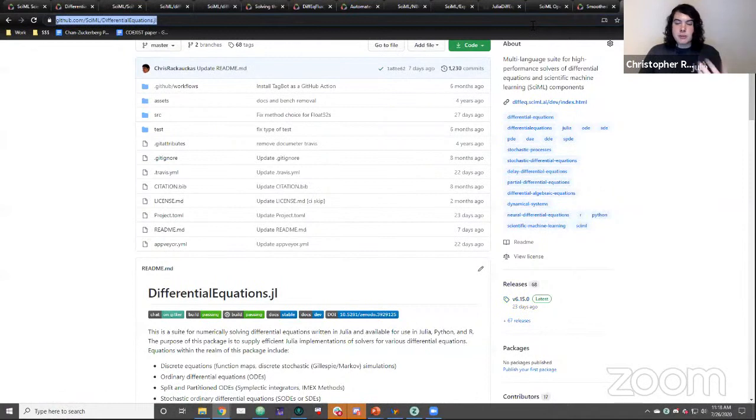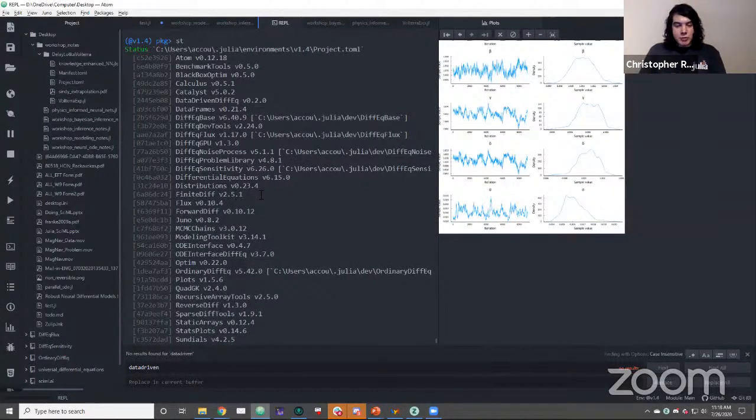It shows up in the same place on the DiffEqFlux repository, on NeuralPDE. And so for all these, this is a good diagnostic to know where you are and what packages you have. Now, a lot of these latest techniques in scientific machine learning will require that you're using the latest Julia version. And so we recommend that you use Julia 1.4 or higher, which is what I'm demonstrating here.